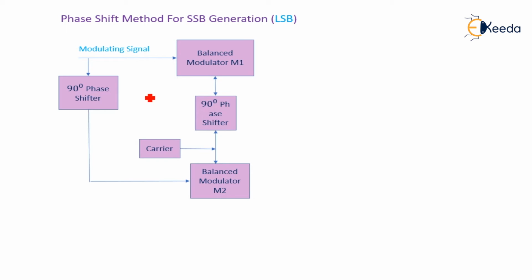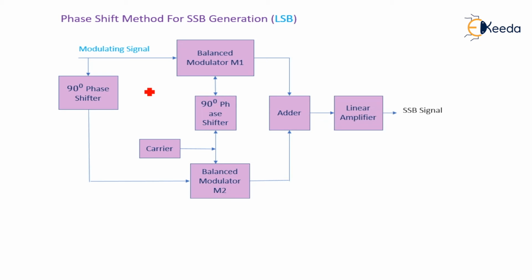This arrangement is made in such a way that the lower sideband has to be suppressed. The outputs of both balance modulators are added. Then it is coupled to a linear amplifier where the SSB signal will be obtained.